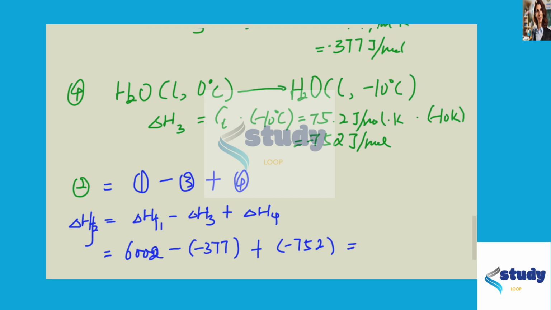It's around 5.627 kilojoule per mole. And this is the heat of fusion for water at -10 degrees C. And this is the answer.